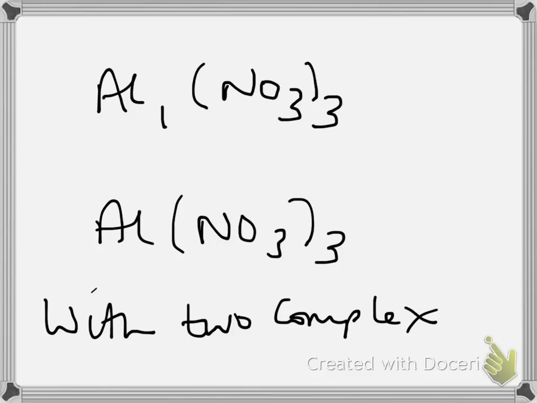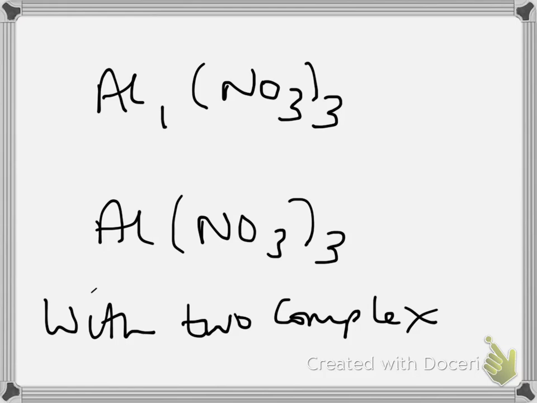So I have Al1(NO3)3, so I have Al(NO3)3. The reason we use the brackets is so that it wouldn't confuse things. If I hadn't got the brackets in here, it would be AlNO33, which quite clearly we do not mean 33 atoms of oxygen. So that's why we've got the brackets in there.